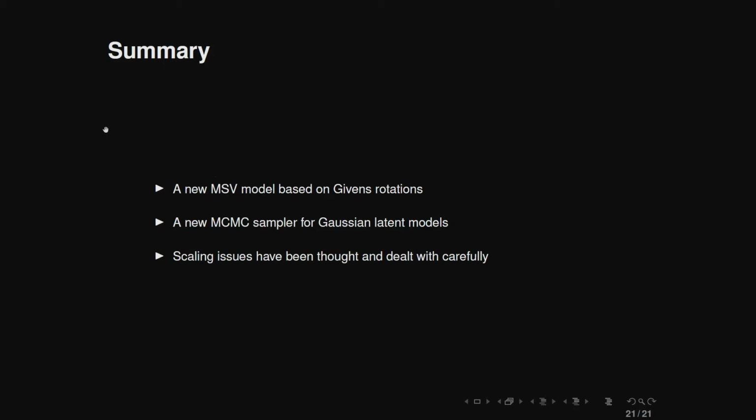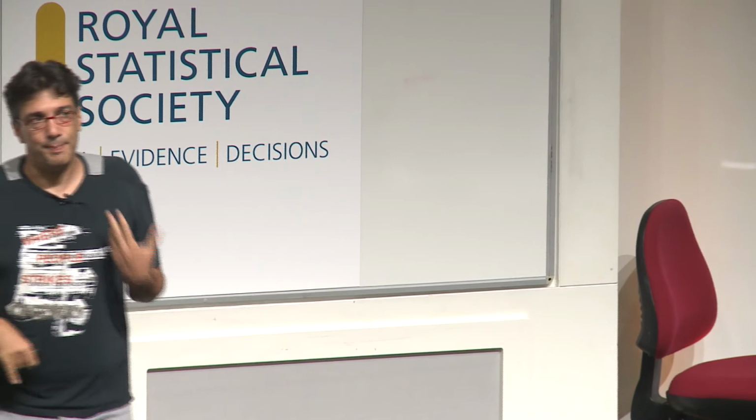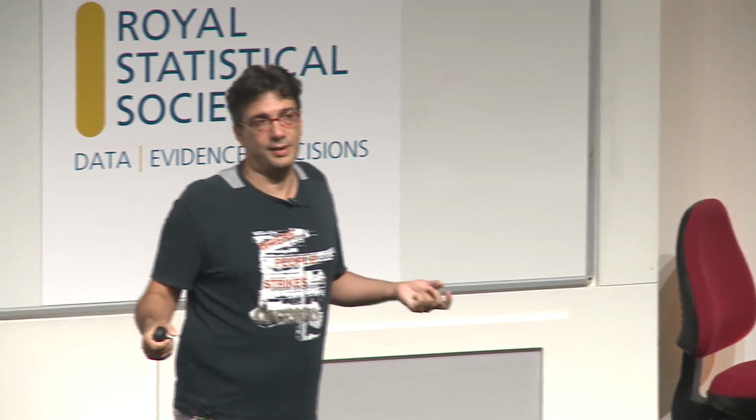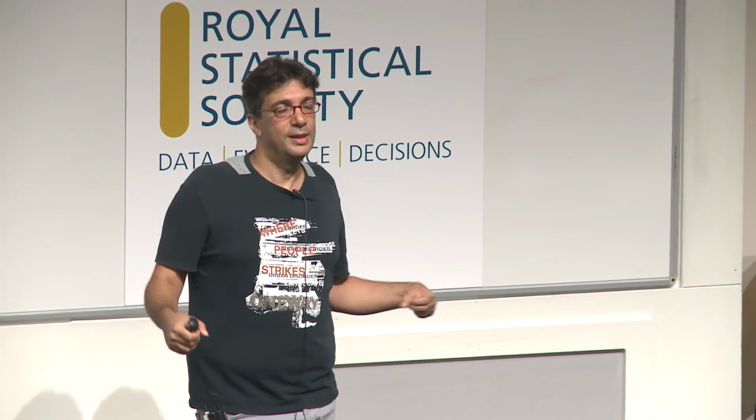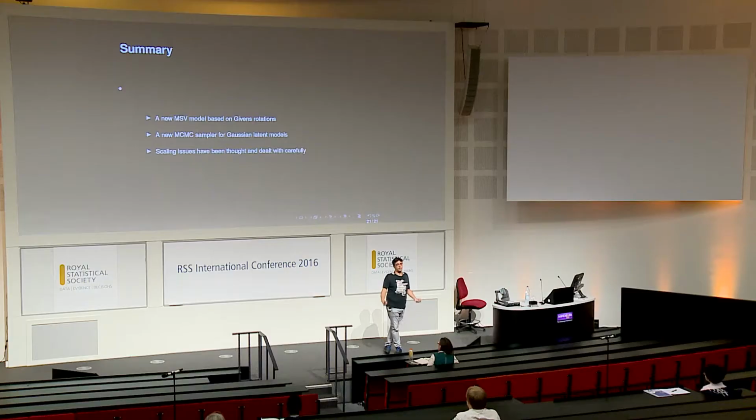What I presented today is a model for modeling covariance matrices across time, and a new MCMC algorithm which is applicable to Gaussian latent variable models, where you can sample the whole latent path at the same time and take into account information from both the likelihood and the prior.